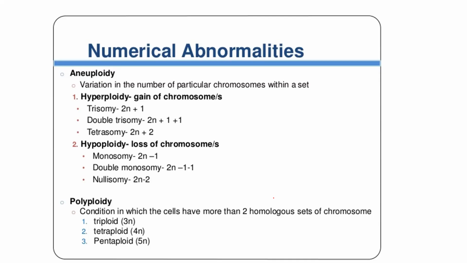Nullisomy is 2n minus 2. Hyperploidy is trisomy, the 2n plus 1 condition. Then double trisomy is 2n plus 1 plus 1. Tetrasomy is 2n plus 2. Now polyploidy is the condition in which the cell has more than two homologous sets of chromosomes, that is triploid 3n, tetraploid 4n, and pentaploid 5n.